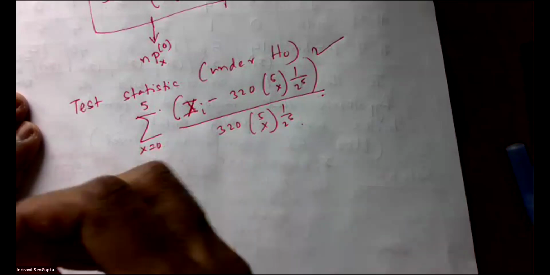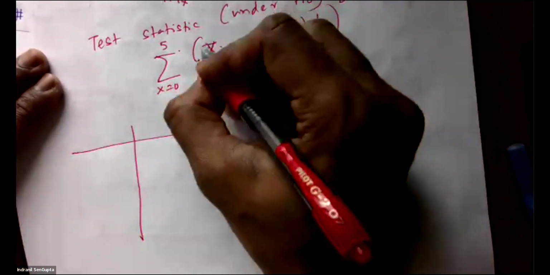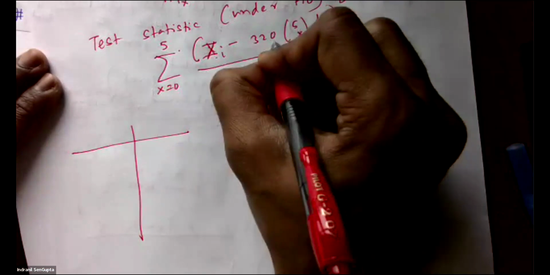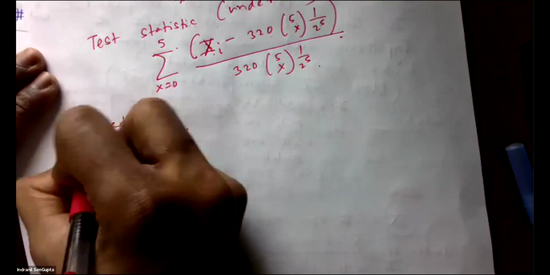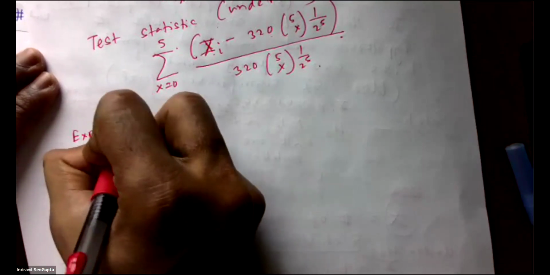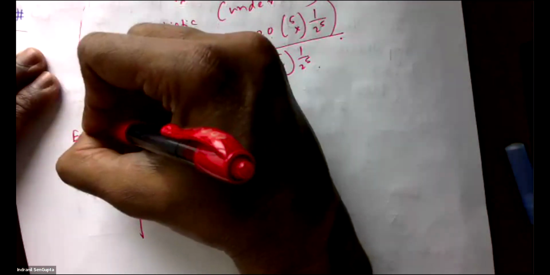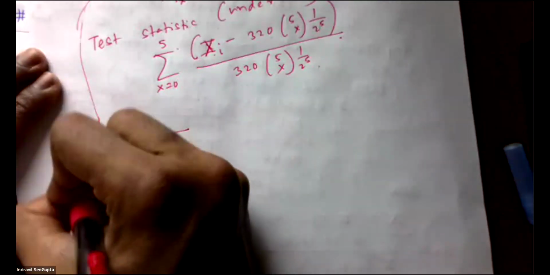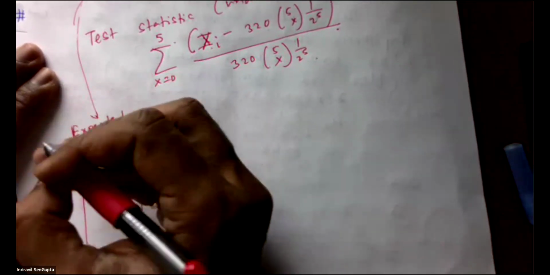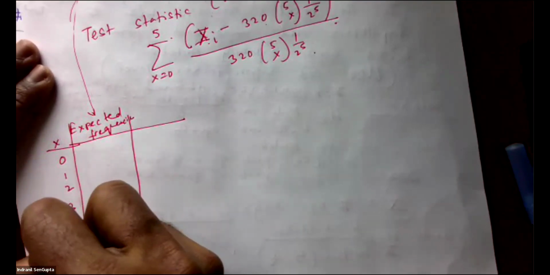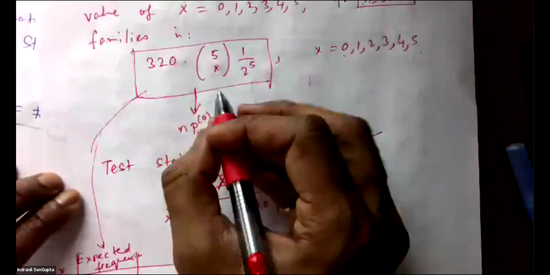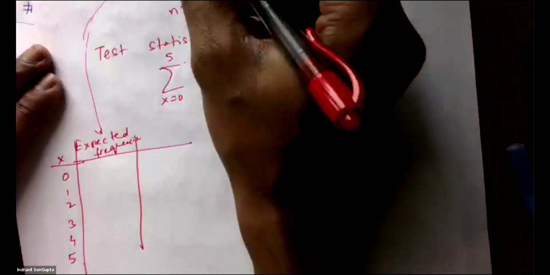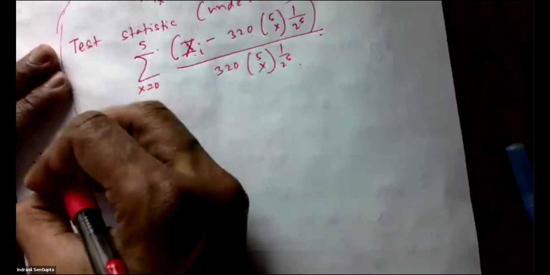So the thing is, it looks not that easy to compute, but if you really compute this, here we have the observed value minus expected value. So if you compute the expected frequencies, meaning this term, for various values of x, 0, 1, 2, 3, 4, 5. The first number, if x is 0, is easy: 320 times 1 over 2 to the 5, which is 1 over 32.